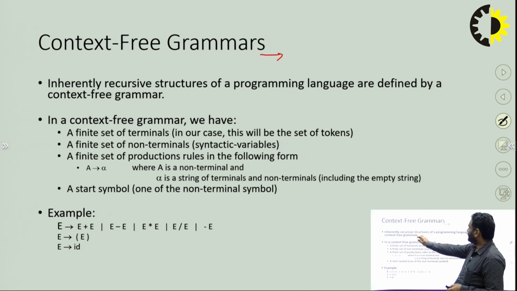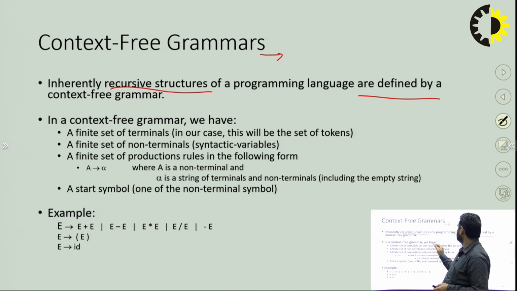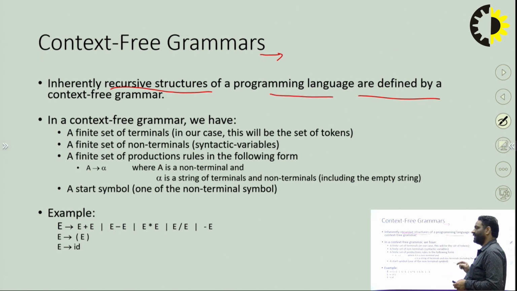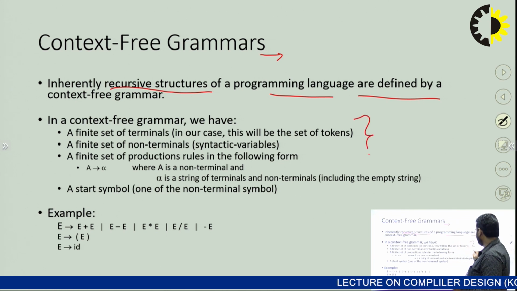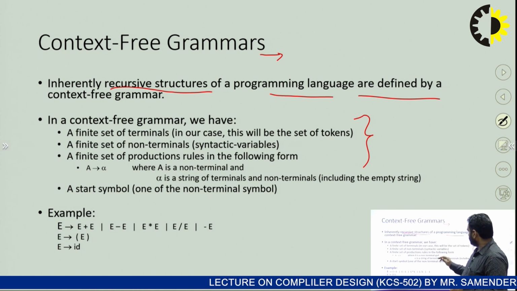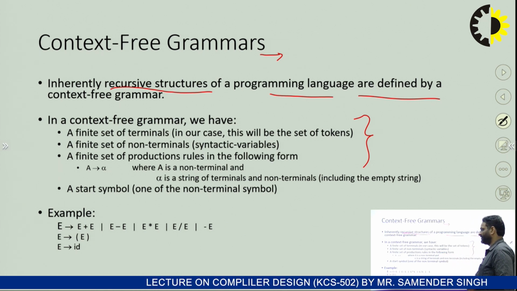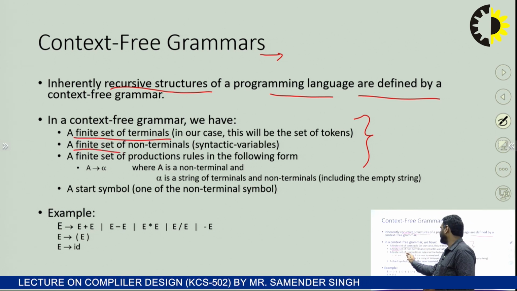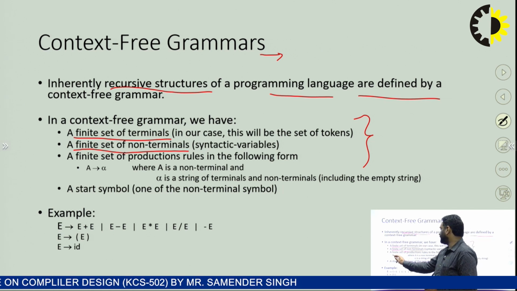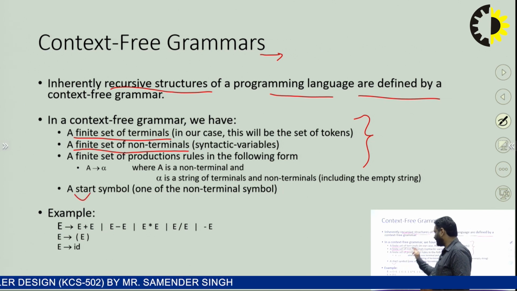Now, the inherently recursive structure of a programming language is defined by context-free grammar, meaning that major programming languages are defined by context-free grammar. A context-free grammar is defined by a 4-tuple. The first is a finite set of terminals, the second is a finite set of non-terminals, the third is the production rules, and the fourth is the start symbol.